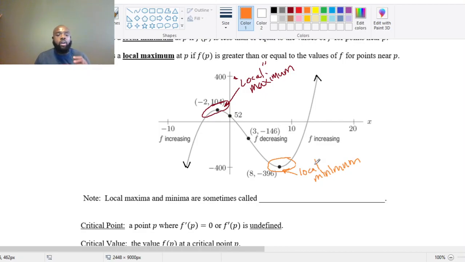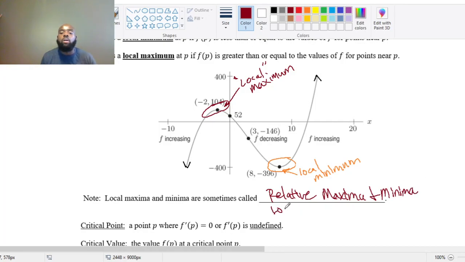There is a note here. Local maxima and minima are also called relative maxima and minima. And sometimes people call them just local.